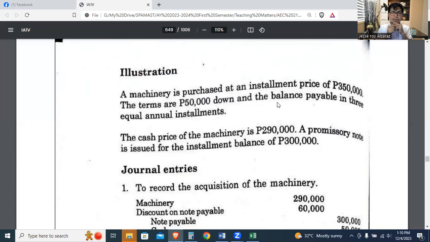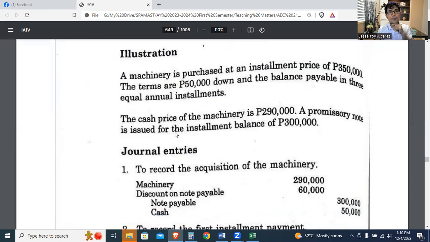According to the terms, we will be paying it in 3 equal annual installments: in year 1, we pay 100,000, another 100,000, and then another 100,000 on the third year. However, if we had bought it in cash, the machinery is only 290,000 pesos.